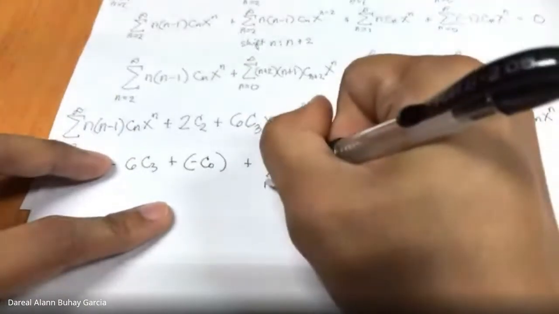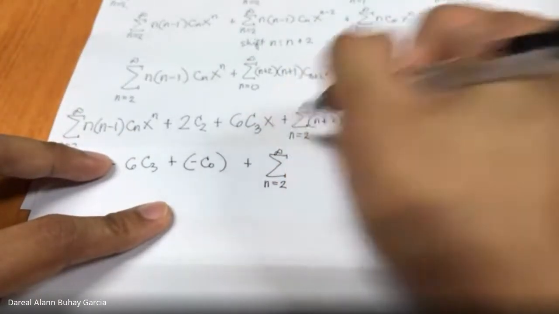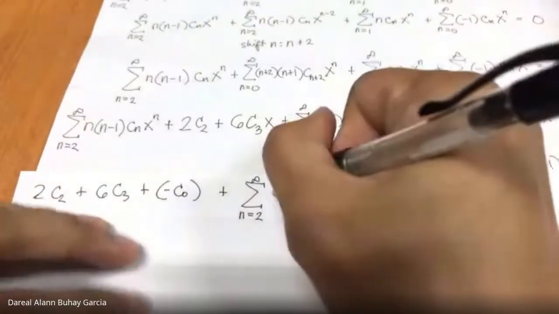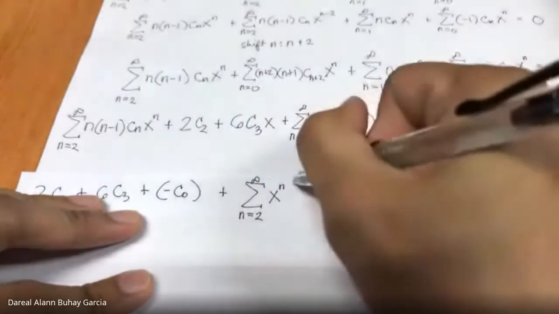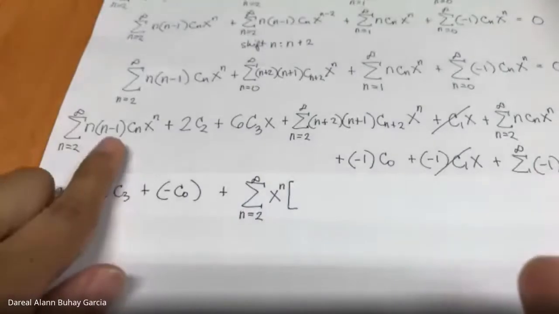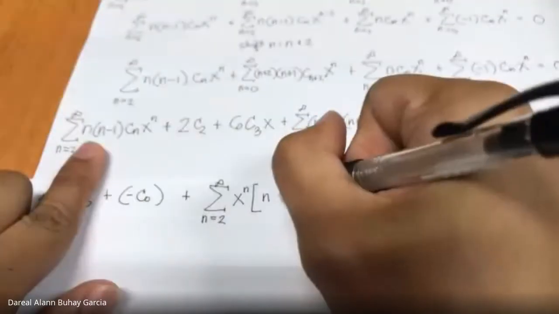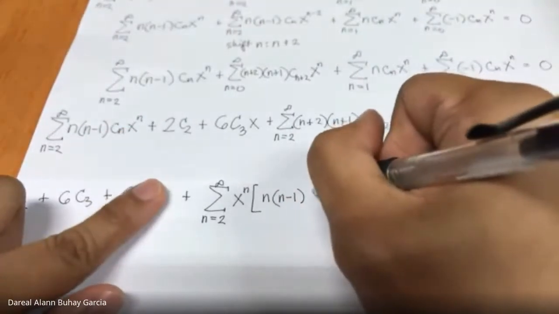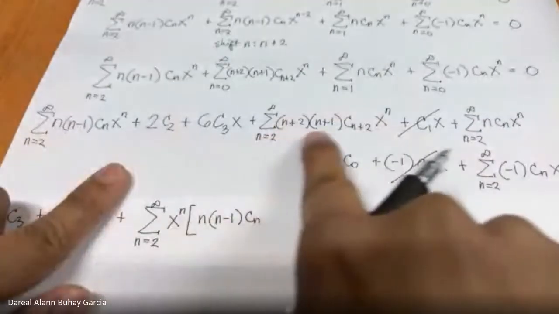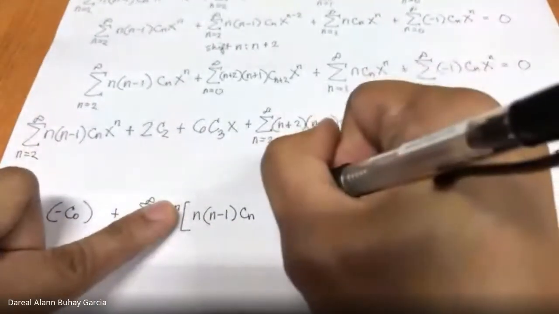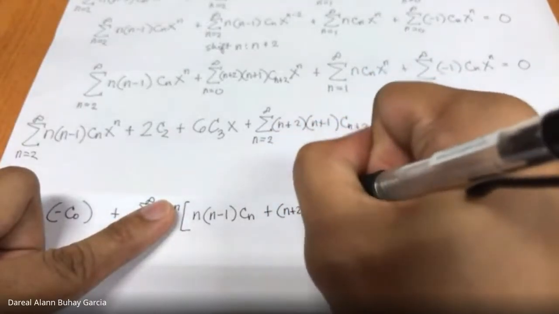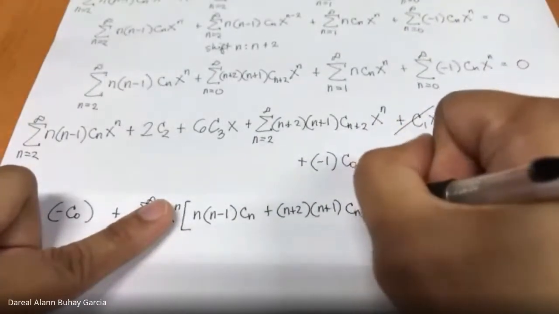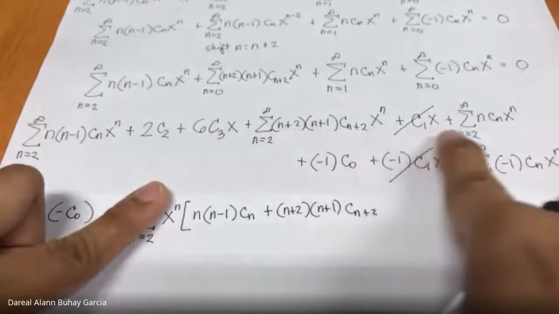Summation from n is equal to 2 to infinity of x to the power of n such that yung coefficients is kani: n minus 1 Cn plus n plus 2 n plus 1 C of n plus 2, diba?